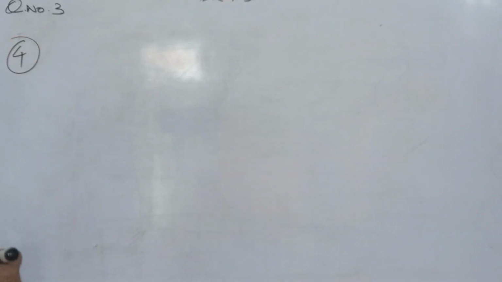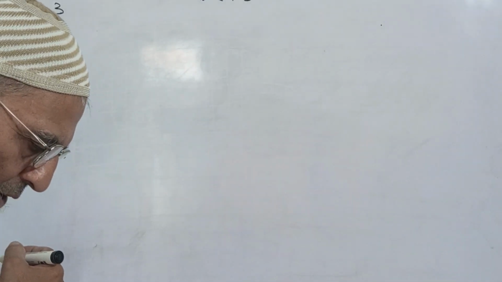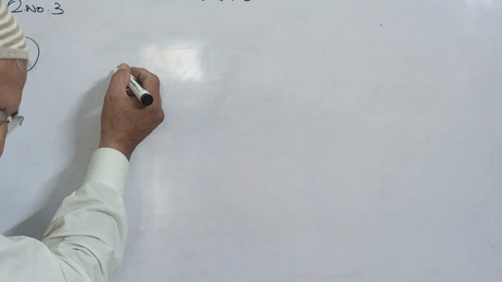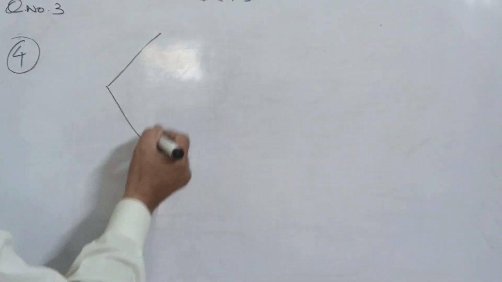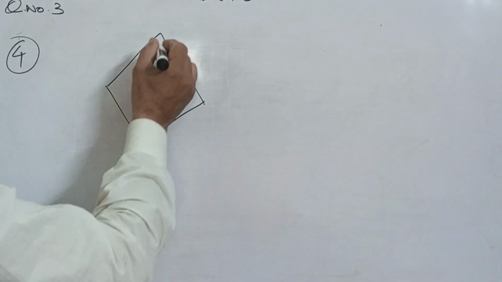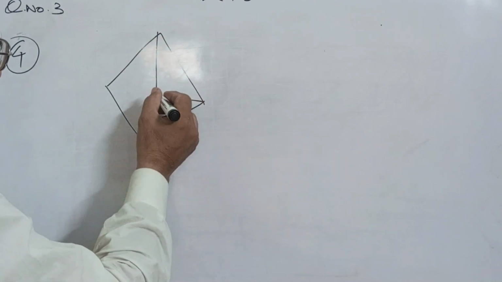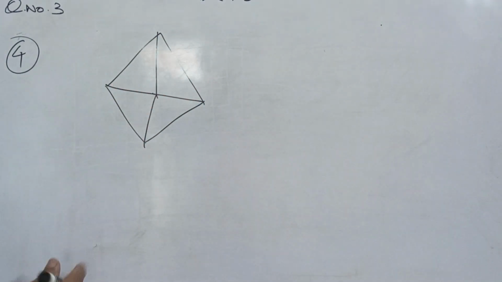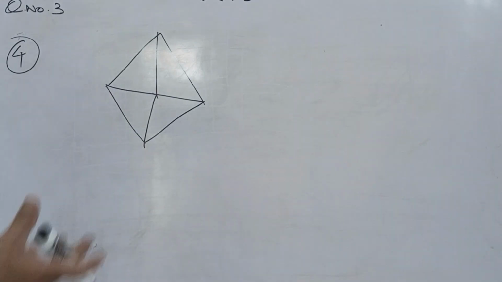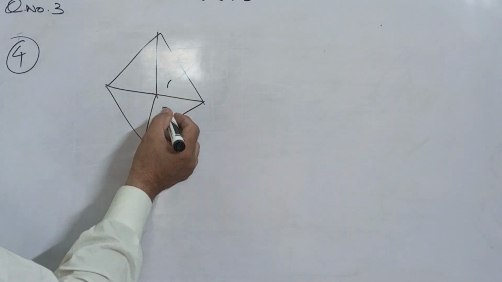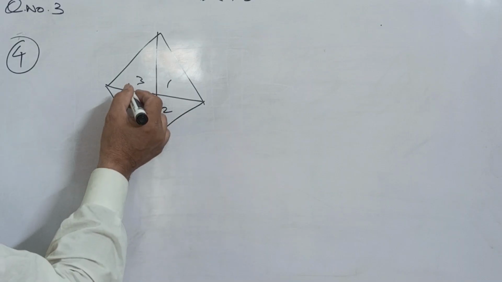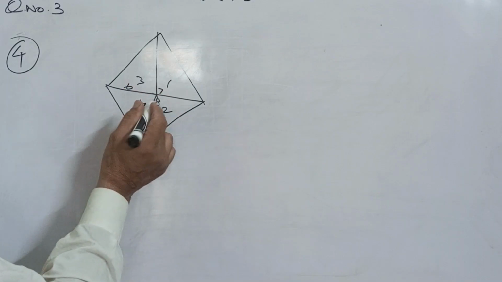Now an octahedron is given to you. There are 4 faces in front of you and 4 at the back. If you just turn it, you'll see 4 figures: 1, 2, 3, 4 and 5, 6, 7 and 8.